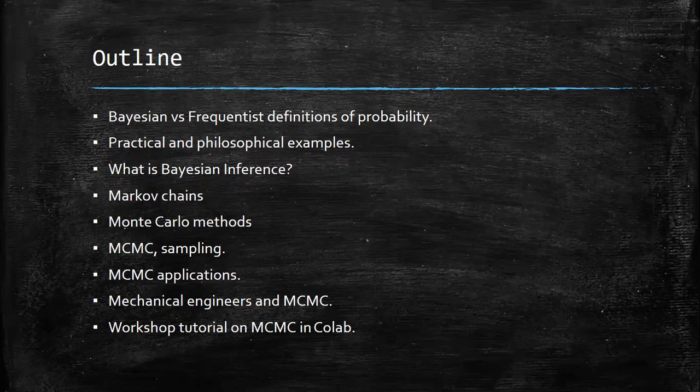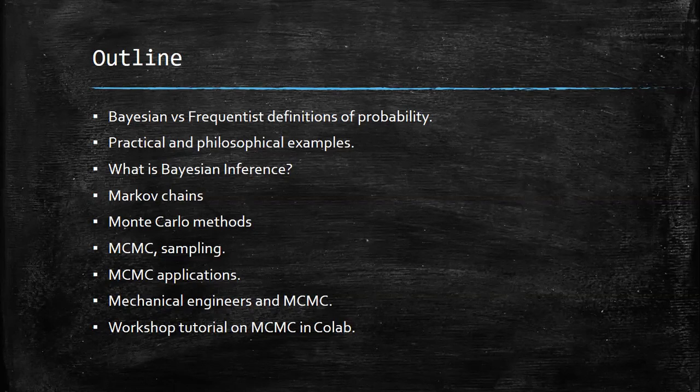Then we'll see a bunch of practical and philosophical examples of how the differences between these two definitions of probability play out. Then we'll see what is Bayesian inference, and we'll see Markov chains and Monte Carlo methods.